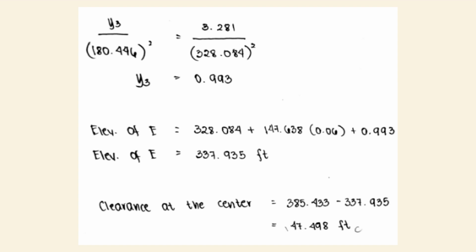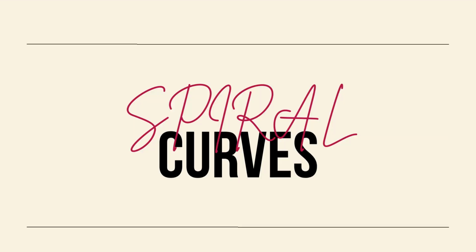Now that we have the value of elevation of E, we just need to subtract that from the underside of the bridge to get the clearance at the center of the bridge. So it is 385.433 minus 337.935. So the value of the clearance at the center of the bridge is equal to 47.498 feet.